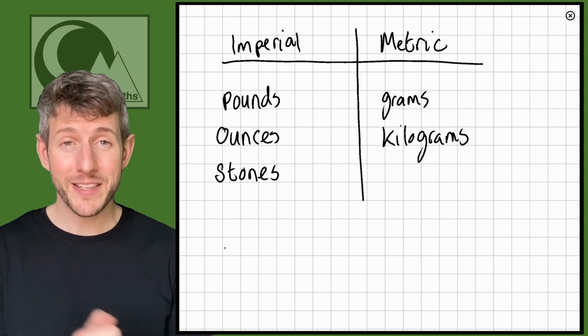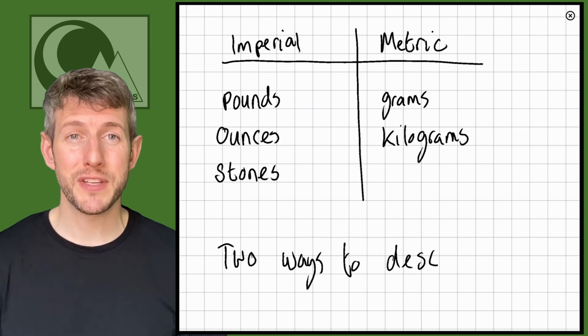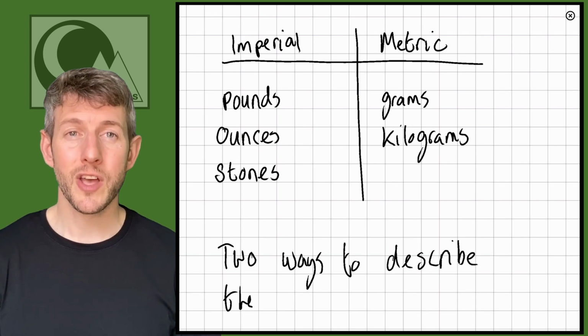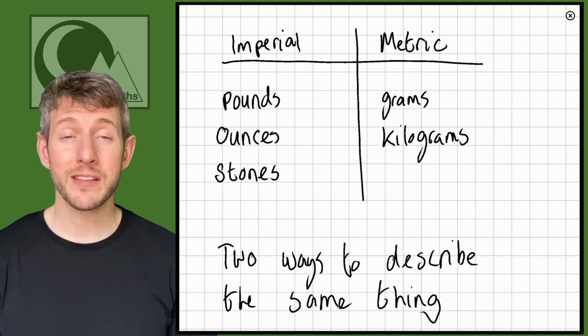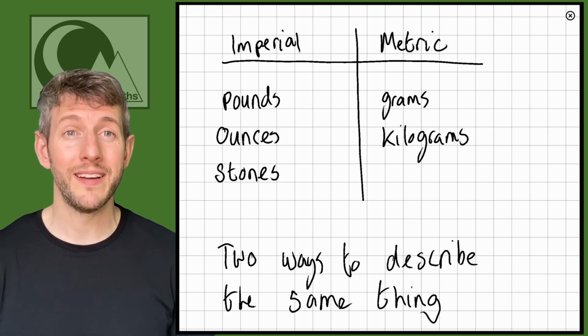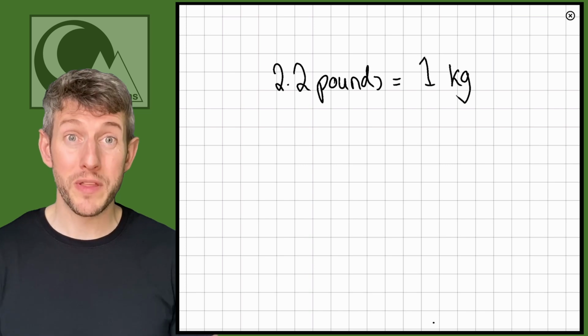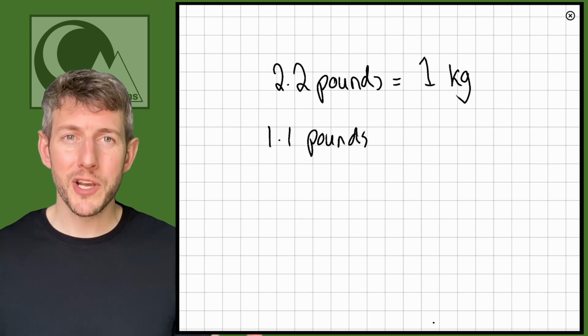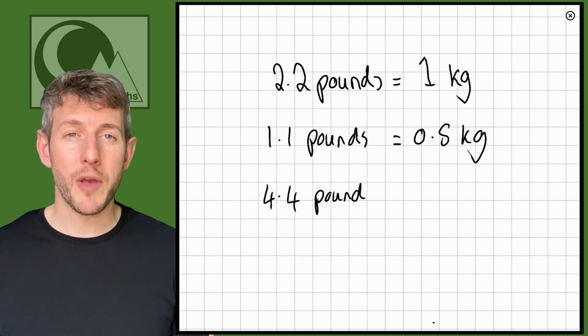Now, the main thing to remember here is that these are just two different systems for describing the same thing. If a weight is given to you in pounds, it's going to have an equivalent weight in kilograms or in grams. Those two weights will be the same and they will adjust appropriately. If you halve both of them, they both halve.